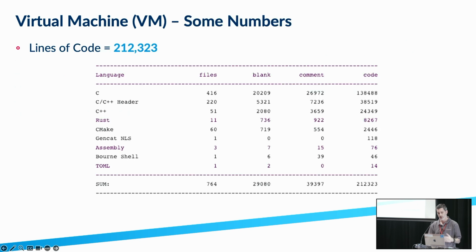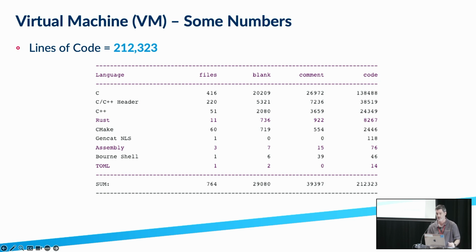And if we take a look at our source code, you will notice that most of the virtual machine is written in C. That's why you see 138,000 lines of code. Then we have some C++, some Rust, mostly for the Unicode support. We have a little bit of assembly. So there are many technologies, but again, this is around 200,000 lines of code for the VM.